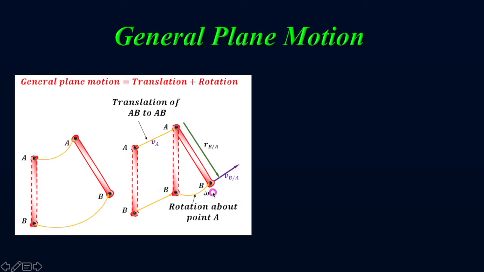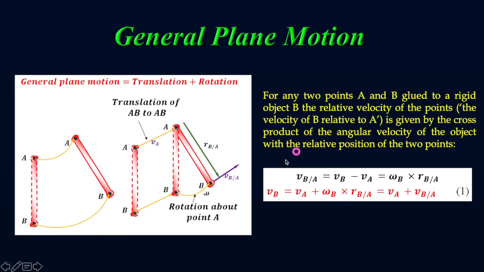So the final position can be defined as a combination of this linear motion or translation and a rotation motion. So this is what the general plane motion is. As all this motion is within a single plane, it is called planar motion.